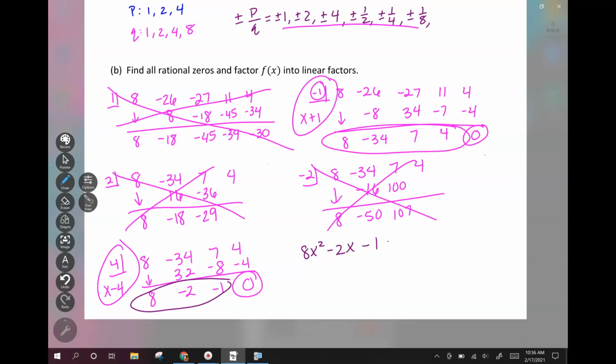Okay, now we could try to factor this. That's what we should do next instead of continuing down our list. So 8 times -1 is -8. Two numbers that add to -2 and multiply to -8. We can do 4 and 2, make the 4 negative.